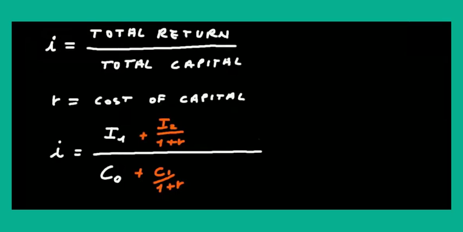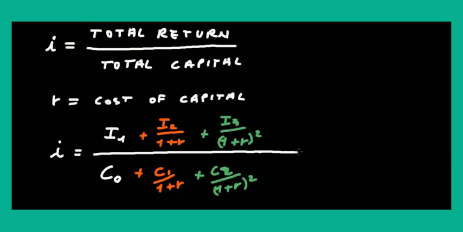And if the project is a 3-period project, we just have to add the third income discounted by 2 periods, and at the denominator we have to add the third capital C of 2 discounted by 2 periods, and so on until the last period.